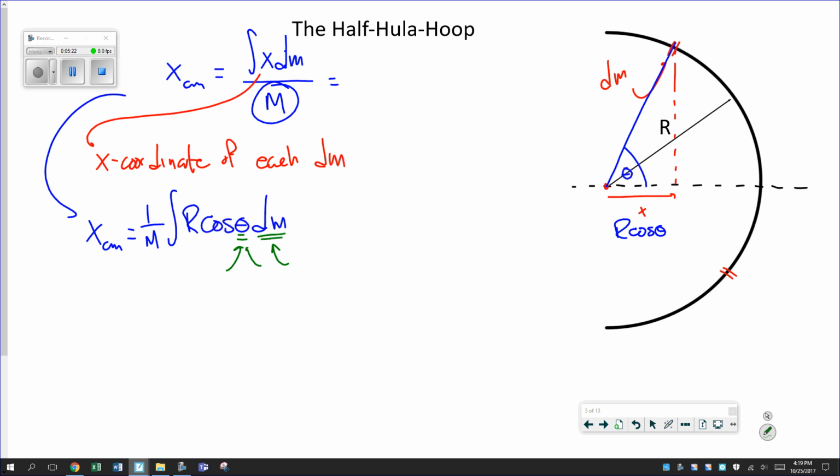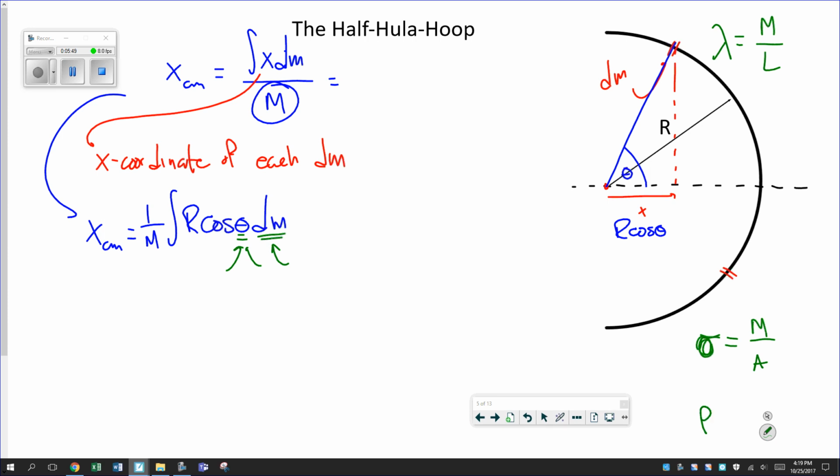Well, we do that by saying, how can we characterize our dm? This is a wire, and so by definition, it has a linear density, lambda, that is mass per unit length. There are area densities that most people call sigma, defined as mass per unit area.